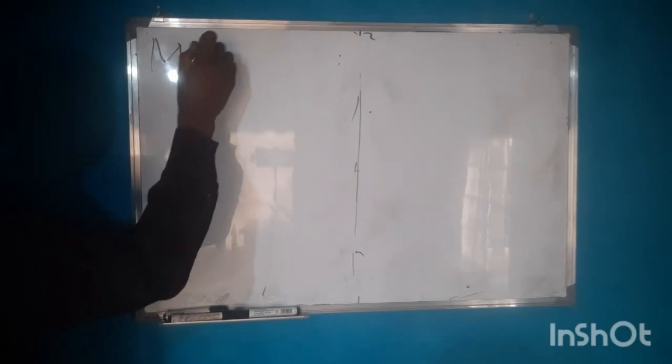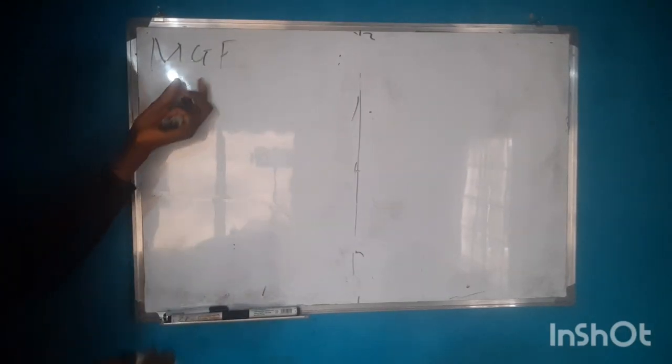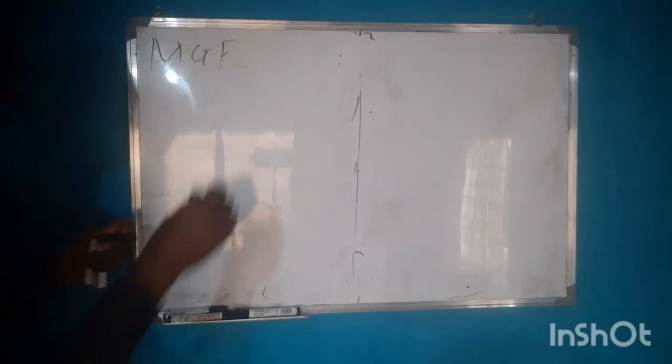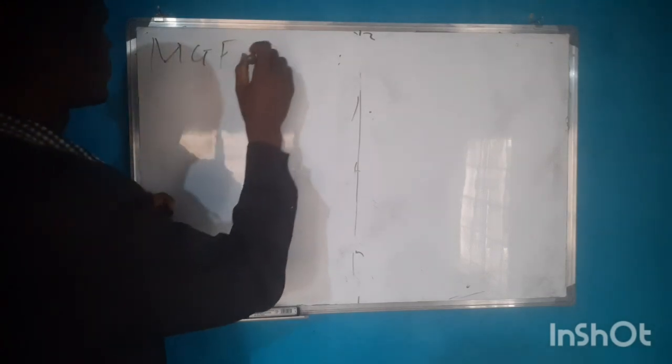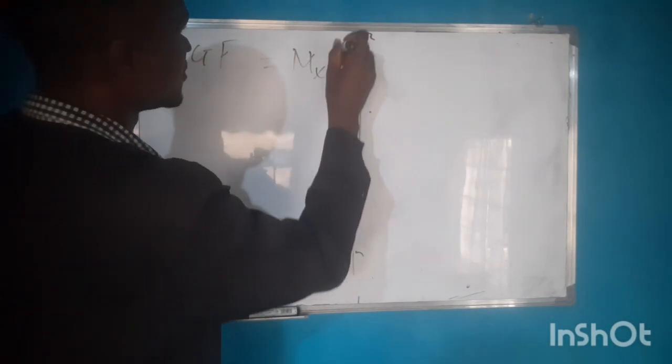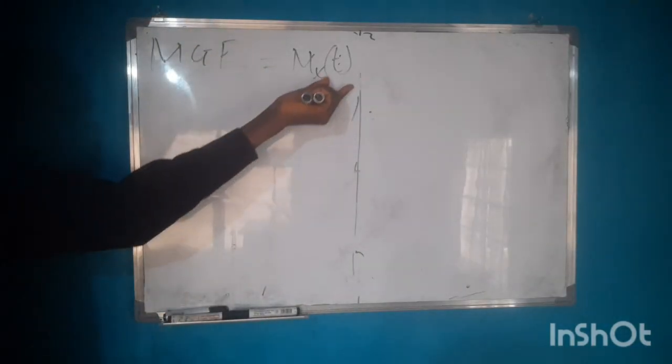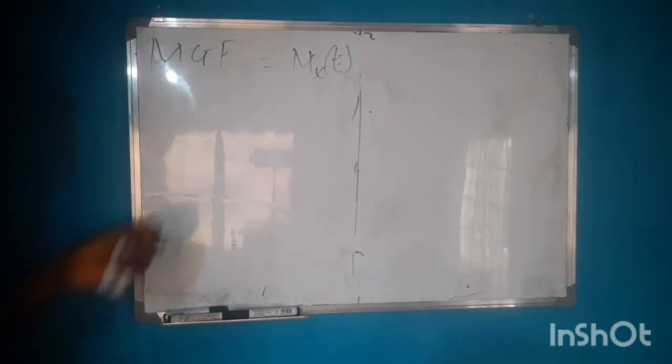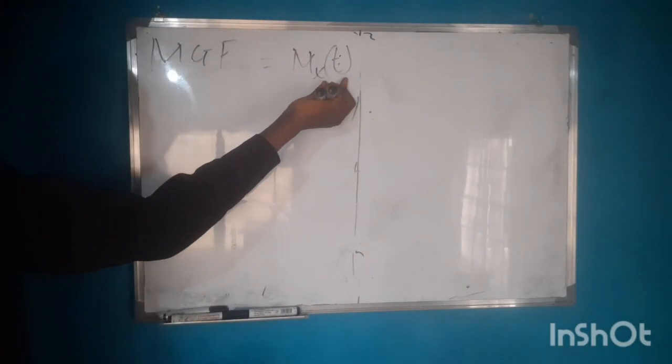The MGF, which is called the moment generating function, we denote to be M_X of t, where t is a real number. So this is how we write the MGF of any distribution.